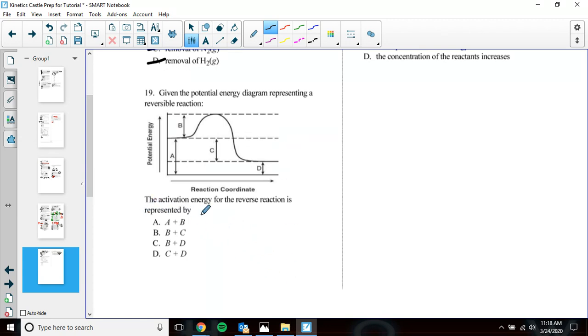All right. The activation energy in the reverse reaction is represented by, well, we know that this is the activation energy in the forward reaction, which is B. And luckily, there's no just B here for you to make that mistake. We also know that the activation energy in the reverse reaction is here.